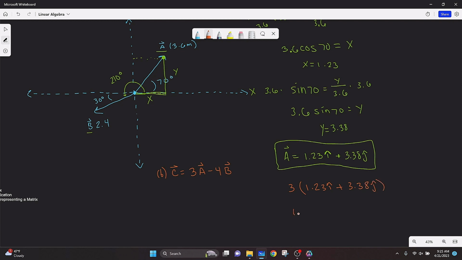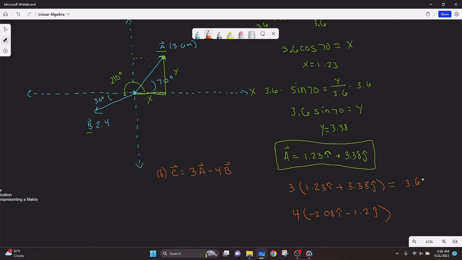And then we would do 4 times the coordinates for the vector b, which I calculated earlier, are negative 0.8 minus 1.2. Oops, I forgot the unit vector. i hat minus 1.2 j hat.